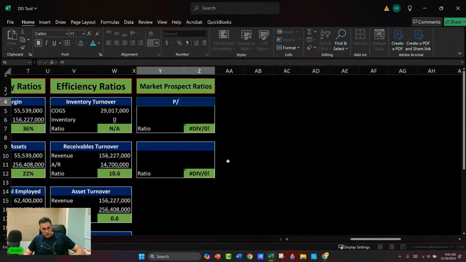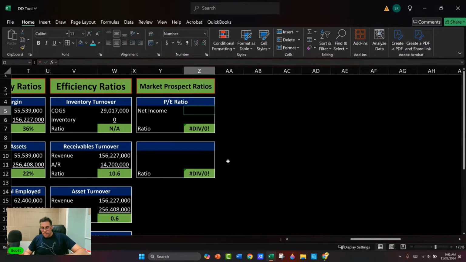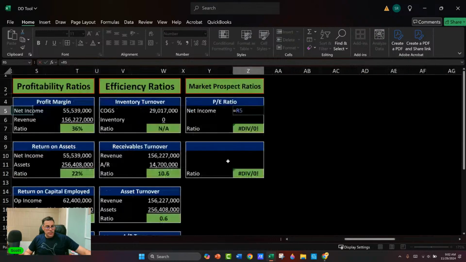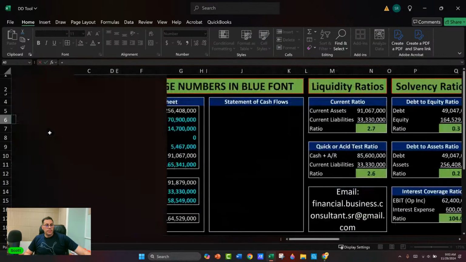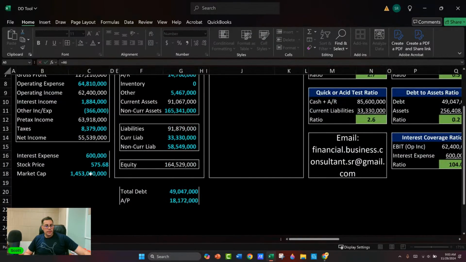Okay, the PE ratio. Net income. Shares outstanding. Now we can calculate shares outstanding, because shares outstanding is market cap over stock price.